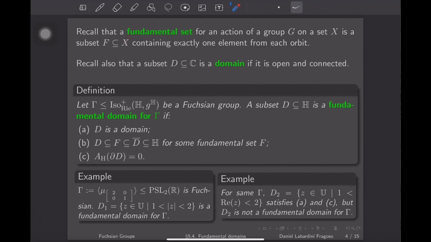If I have the action of a group on a set X, a fundamental set for the action is a subset that contains exactly one element from each orbit. Right?